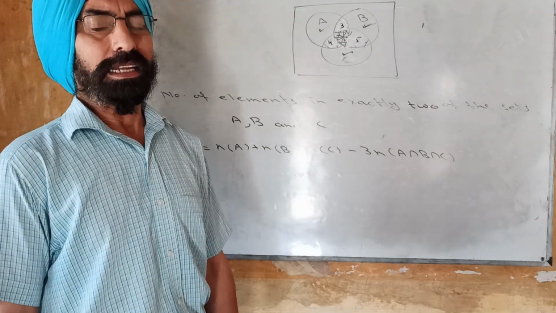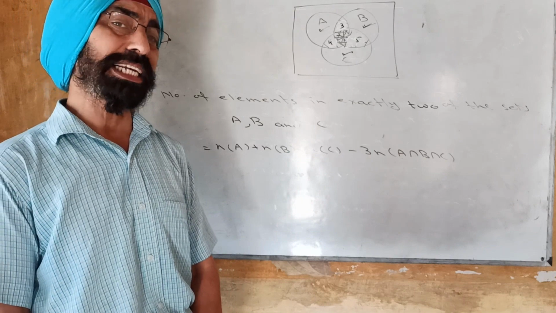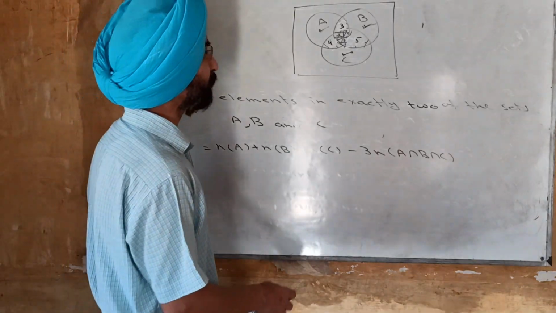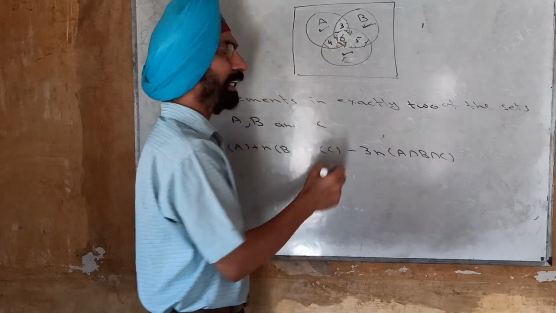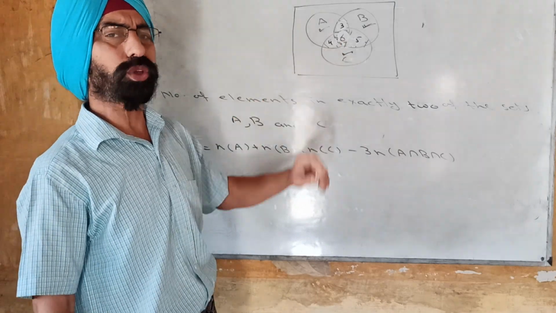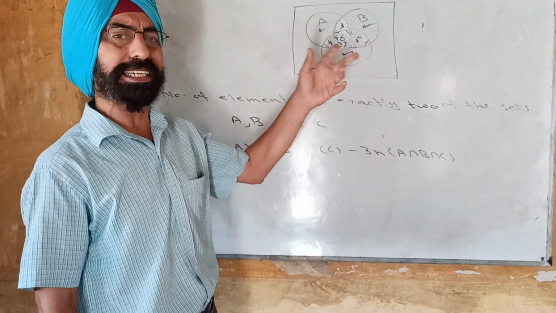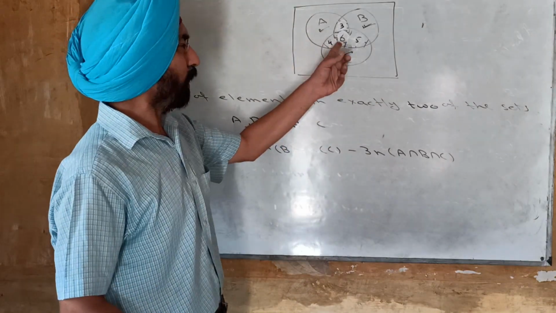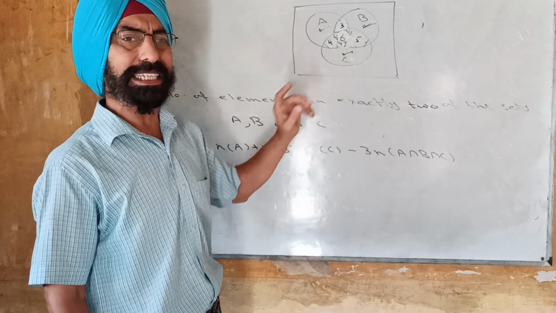And if we are asked the number of elements in exactly three sets. Exactly three sets means this portion, I am writing here 6. This portion 6 contains those elements which are exactly in the three sets, that means present in all the three sets. This is the portion which is common to A, B and C, all three.